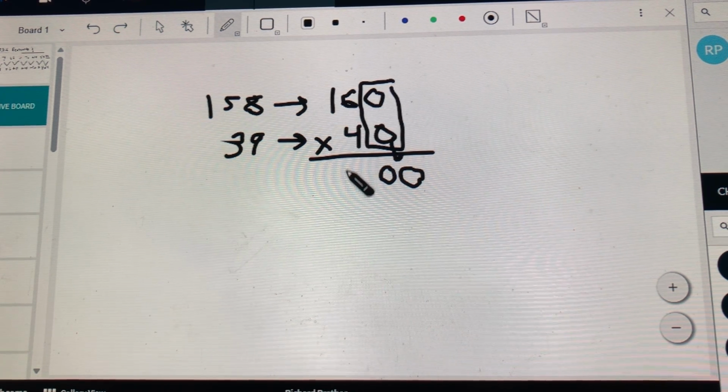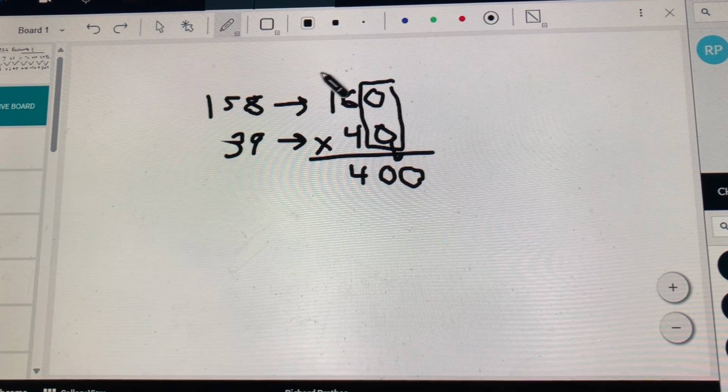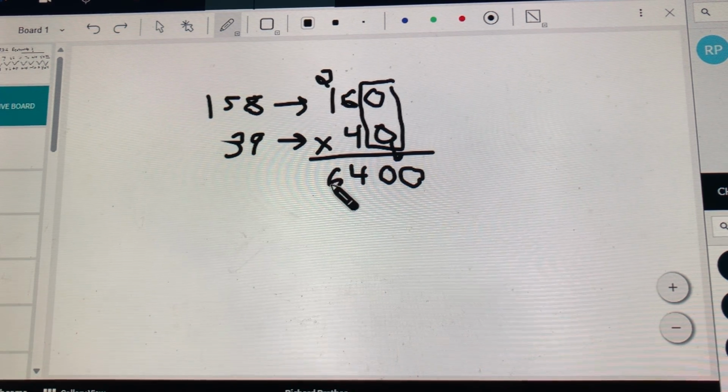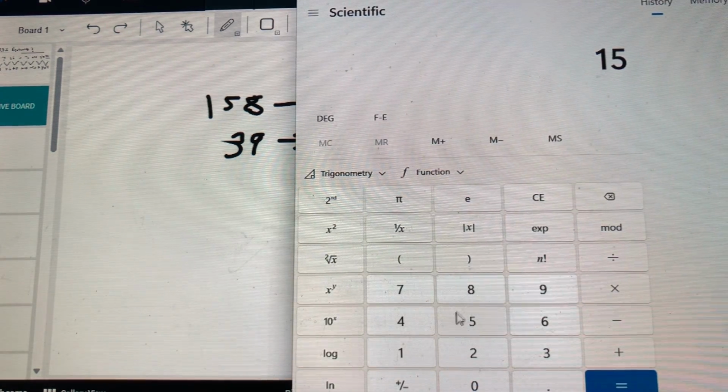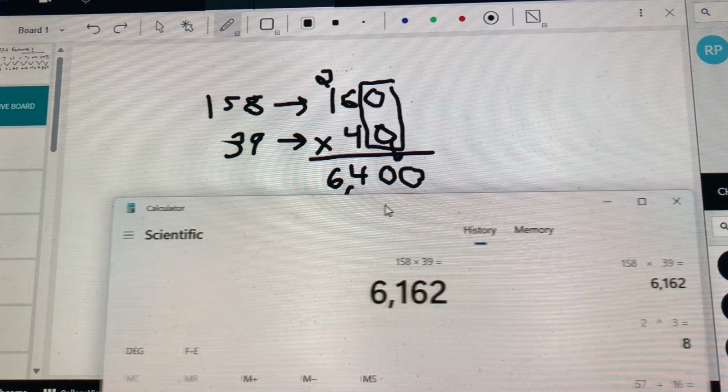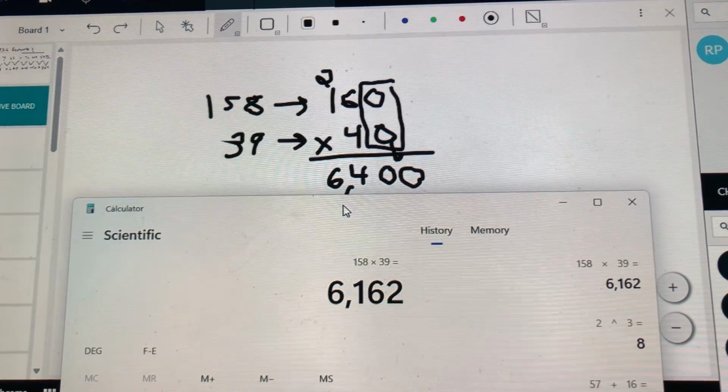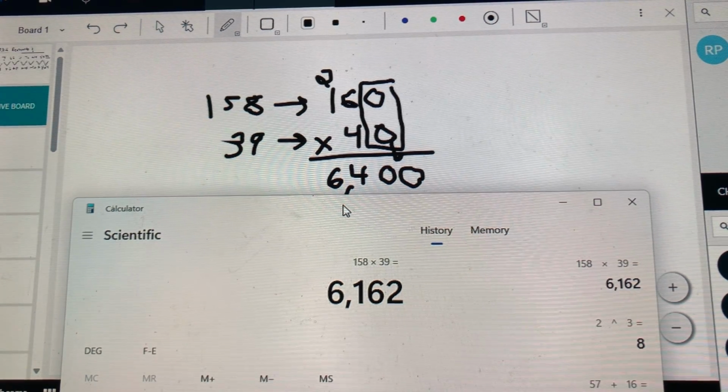Then 6 times 4 is 24. 4 times 1 plus 2 is 6, so 6,400. If I actually do 158 times 39, it's 6,162. So at least I'm in the ballpark. It's 6,000 both ways. So it's just a rough estimate.